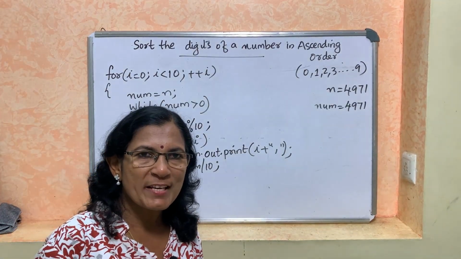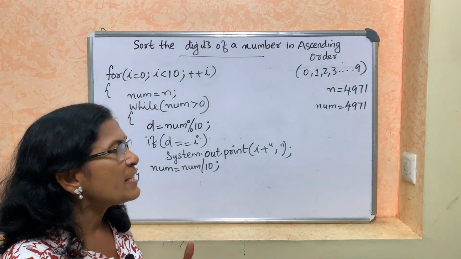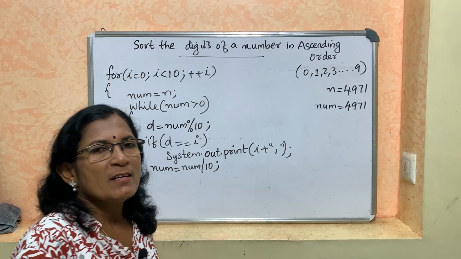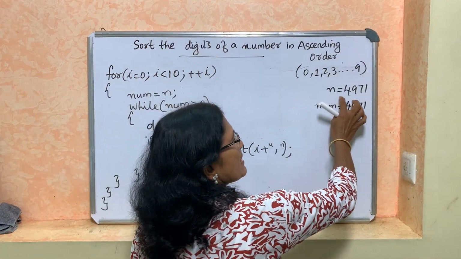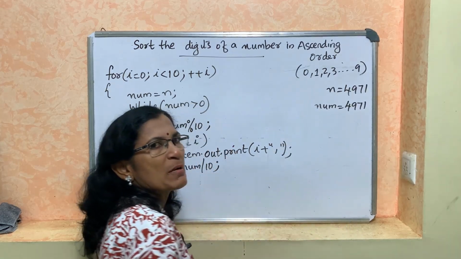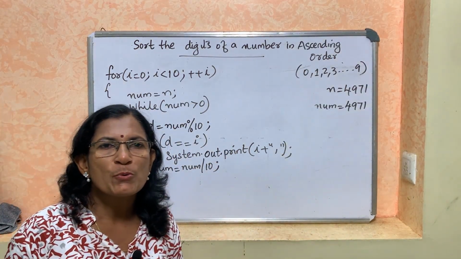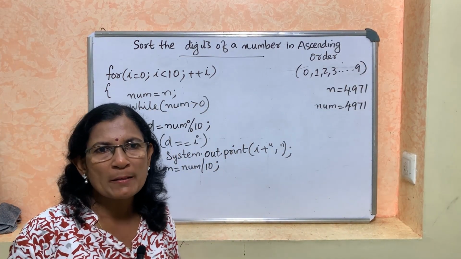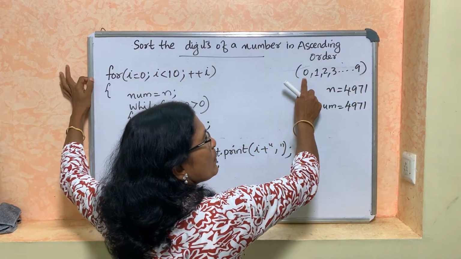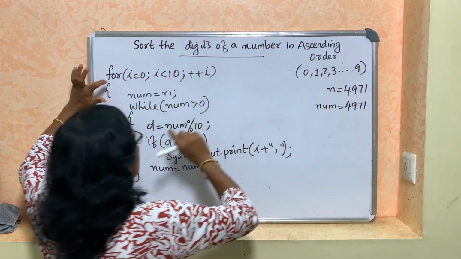Now we have to check whether the digits of the decimal number system are present in the given number or not. We need to extract the digits of the given number and compare them with the digits of the decimal number system. So we have to use a nested loop for this purpose. An outer for loop is used to take all the digits of the decimal number system.